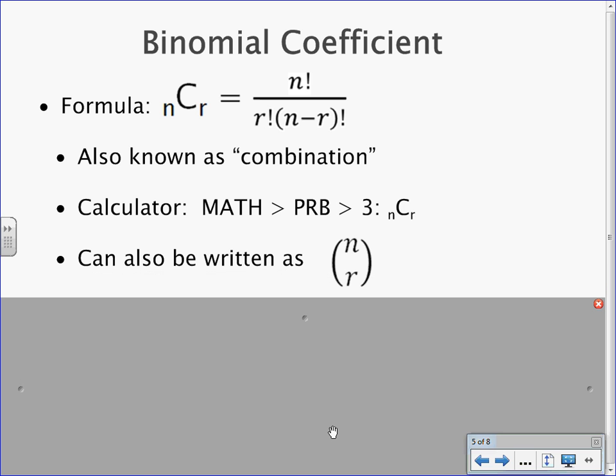Here is another way that combinations could be written. So this is the n combinations of r, n choose r. Please understand that you have 2 different notations for it.